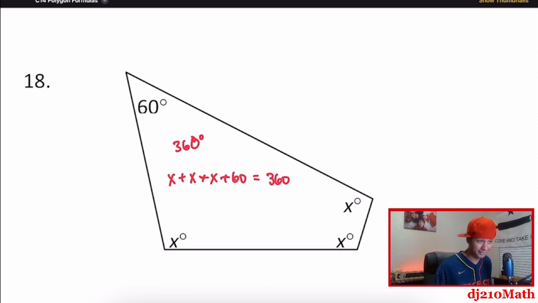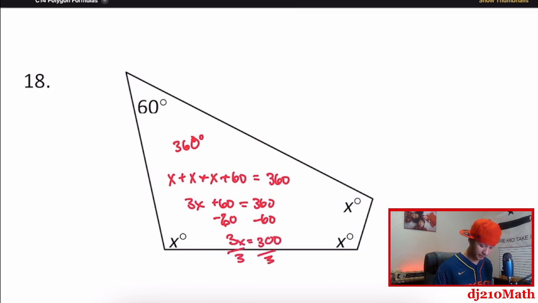X is going to be 100. But let's just say you didn't see that. So this is going to be 3x plus 60 is equal to 360. Minus 60, 3x is equal to 300. Divide both sides by 3. X is equal to 100 degrees.